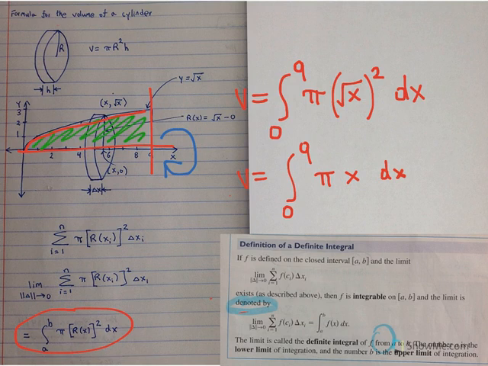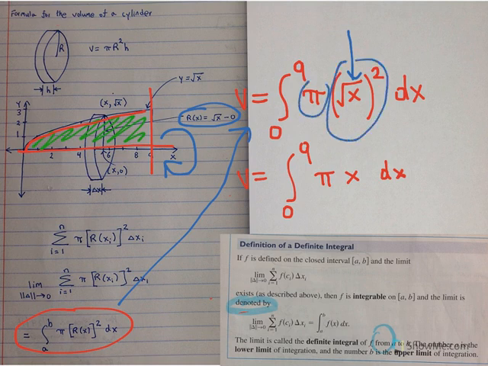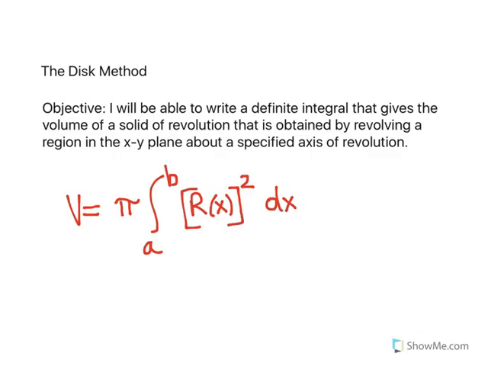We take the square of the radius of a particular cylinder, multiply by pi, and multiply by the height. So we have our formula, and we use it to write our definite integral. Again, the radius is given by this function of x for a particular cylinder at whichever location it may be, and then we square the radius, multiply by pi, and the limits of integration are from 0 to 9.